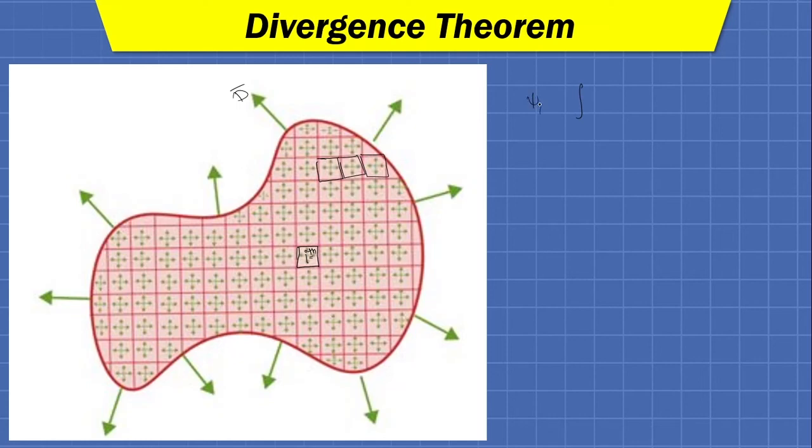Then for this ith cell, we can write psi i equals closed surface integration of Si, D bar dot dS i bar.